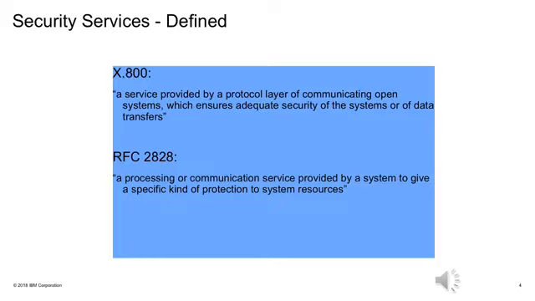Now, kind of legalese, there's RFC 2828, another standards document, which defines a service as a processing or communication service provided by a system to give a specific kind of protection to system resources. More clear, to be sure.